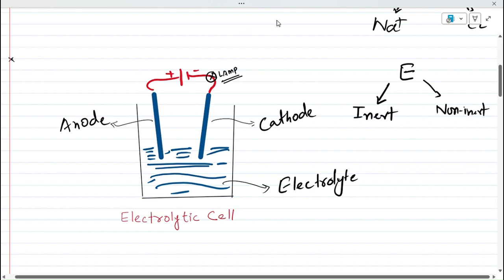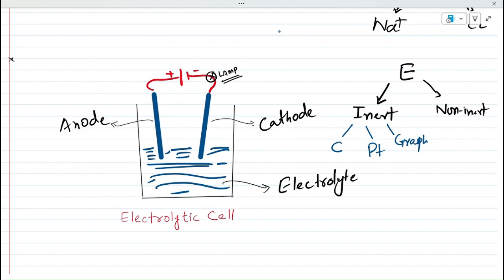Inert electrodes are made up of carbon, platinum or graphite. They are called inert because they are unreactive. The non-inert electrodes can be made up of any metal other than these three substances.